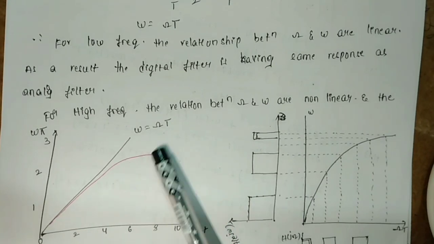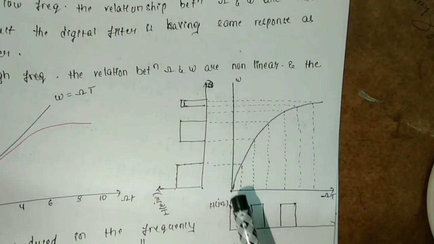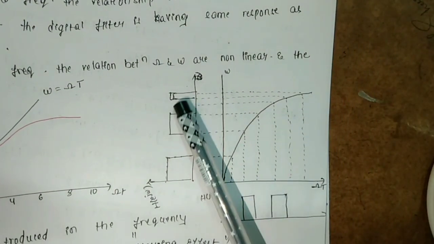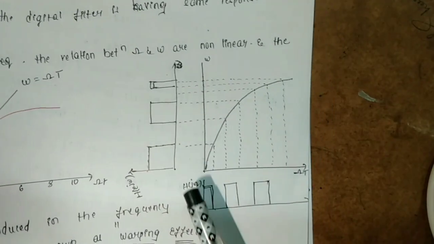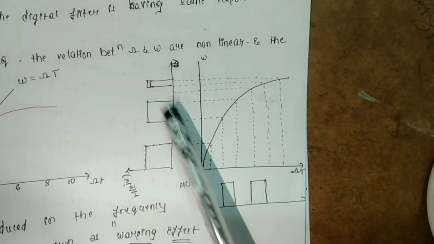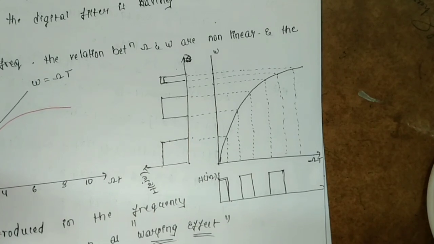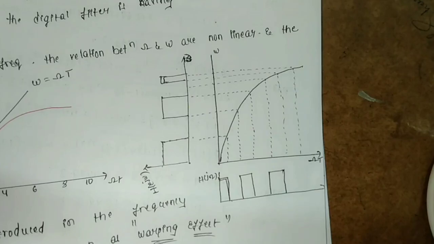This deviation gives you the distortion in the amplitude. This is the amplitude, the magnitude of H of e power j omega, and this is the omega value. Whatever the changes in the nonlinearity, it gives bigger distortions in the amplitude. So what I can conclude is that the wrapping effect is this: at low frequencies the conversion is similar, the conversion is easy and the angular frequencies are equal to the digital frequencies.